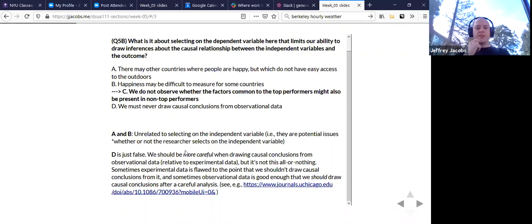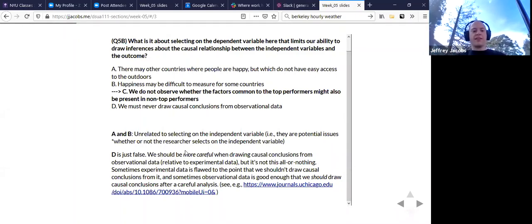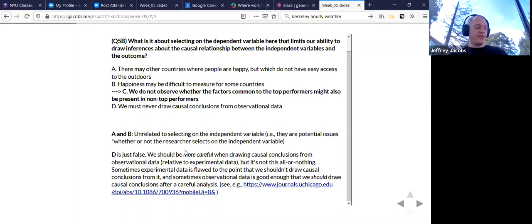Then I would read C and think, okay, we do not observe whether the factors. Yes, C is the one that is the issue with selecting on the dependent variable. When I think about selecting on the dependent variable, I think about an example. I forget whether we talked about it in this class, but in previous instances of the course, we've talked about an article where we studied the properties of mass shooters to find out why they mass shoot.